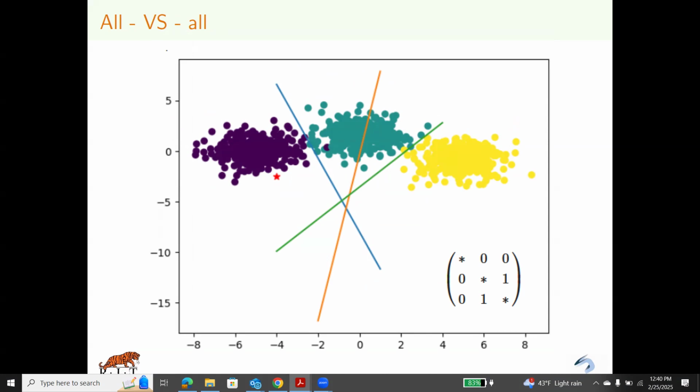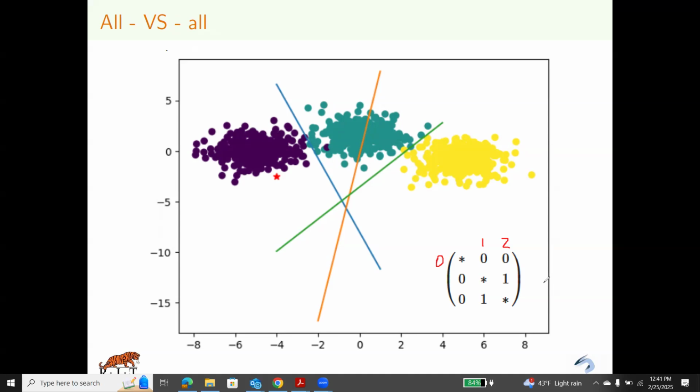For example, on the first line of this matrix, I will build two classifiers with labels 0, 1 and 0, 2, which correspond to classification between purple and green and between purple and yellow points. Between purple and green, the classifier is this blue line, and based on this classification, the red point belongs to the blue class.